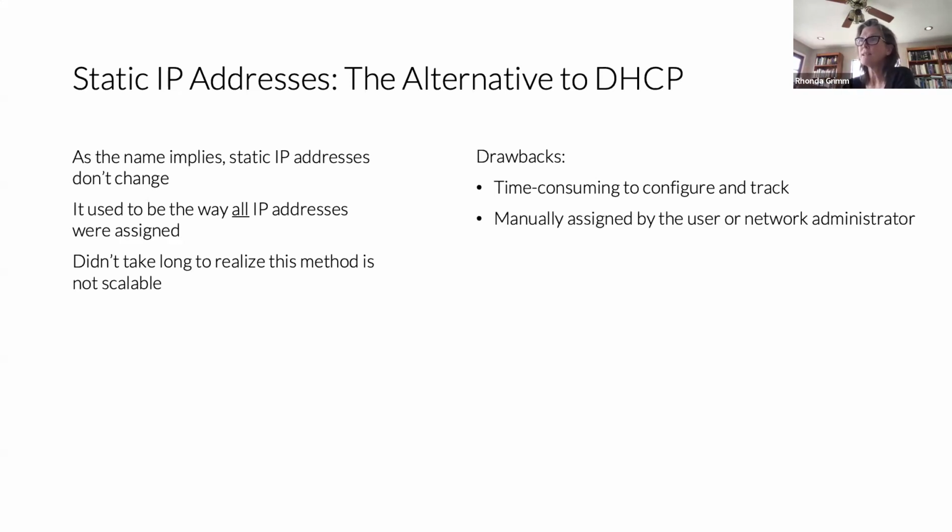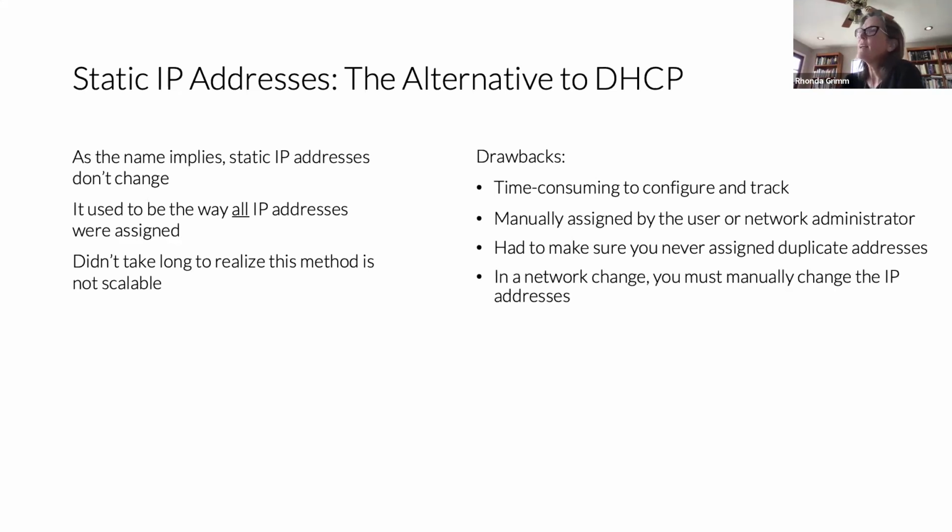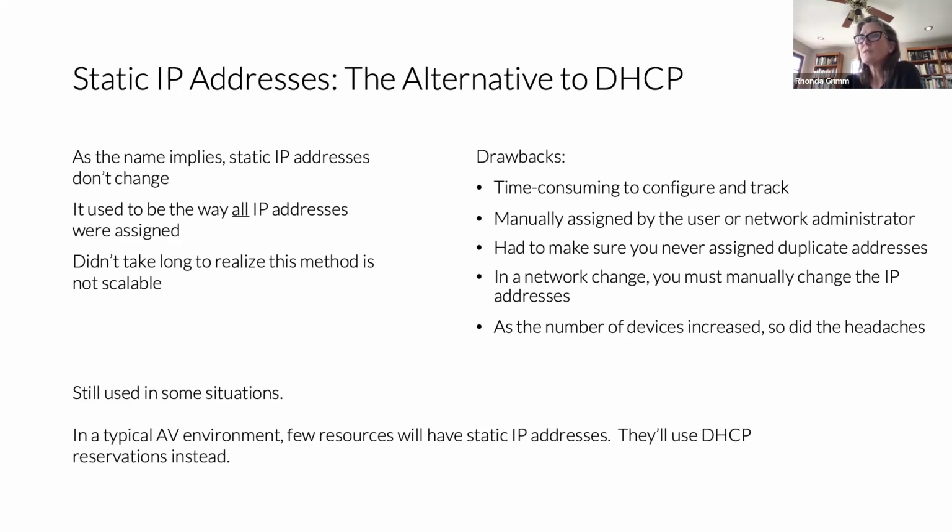You had to manually assign them, and then you had to make sure you never assigned a duplicate, which, good luck. And then if the network changes, you have to manually assign them all over again. So they're still used. It's not scalable, but for the most part, in home AV environments, you're going to see DHCP reservations instead.